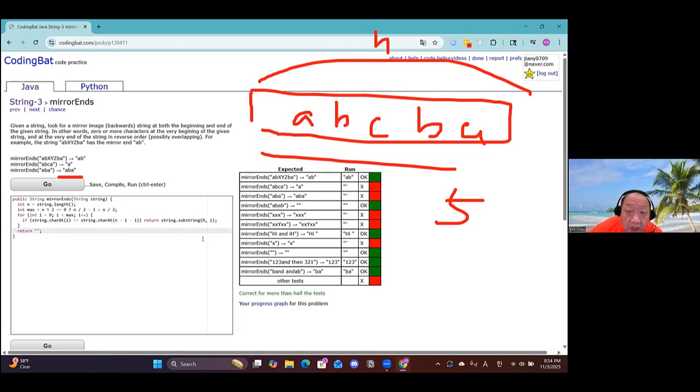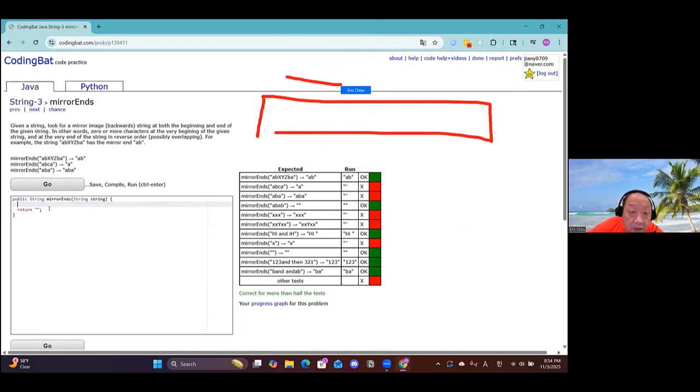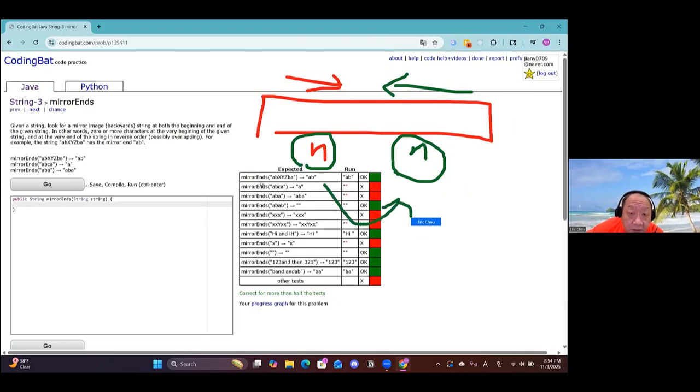So what happens is you need to check the first N letters compared with the last N letters, but the first N letters and last N letters are mirrored. So you can have an is-mirror function to compare string 1 and string 2.